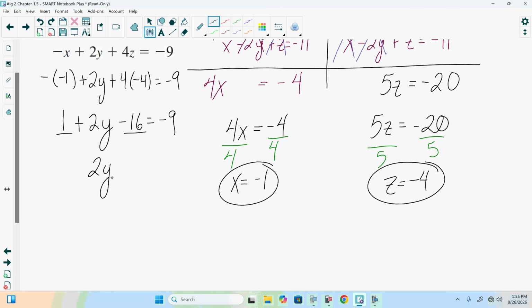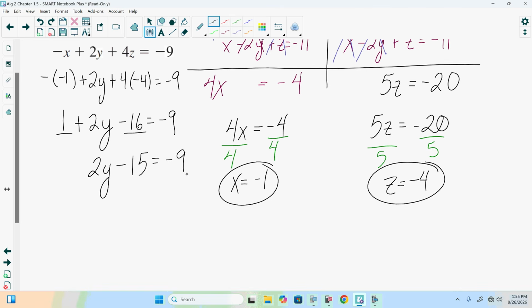One minus 16. Negative 15. Because before we start moving anything to either side, we might as well just combine like terms. Positive 1 and negative 16 is going to make it negative 15.